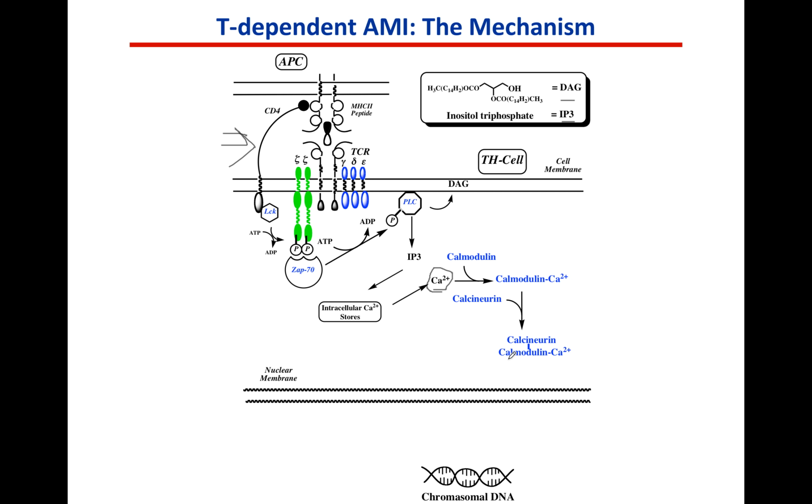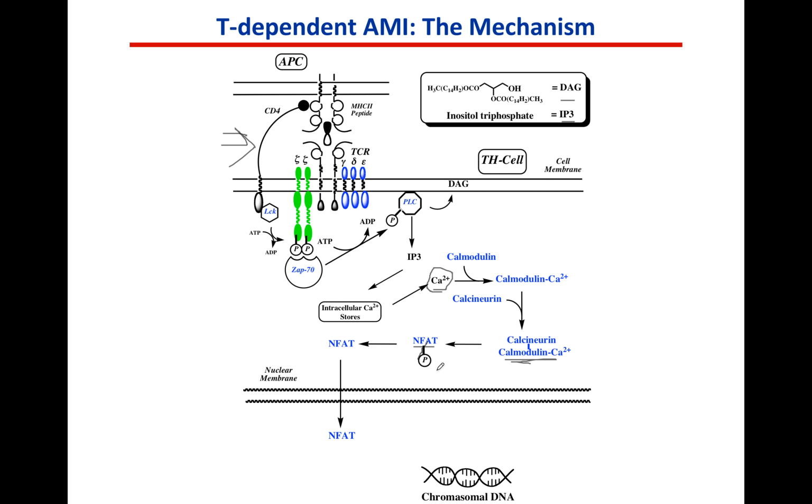Now this is activated. This is now an active molecule, and instead of doing a kinase reaction, it acts on the transcription factor NFAT phosphate and cuts this off. So it removes this phosphate. It acts as a phosphatase.